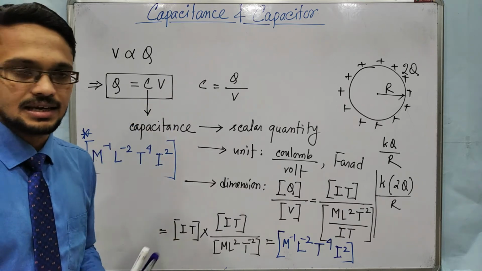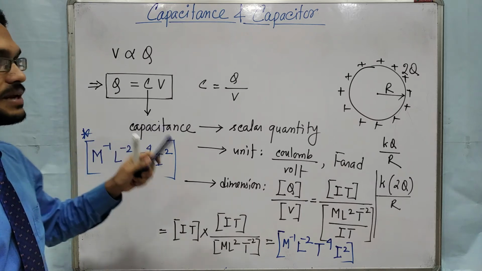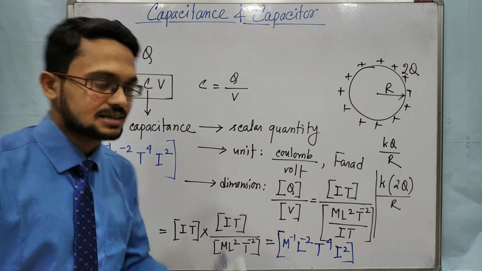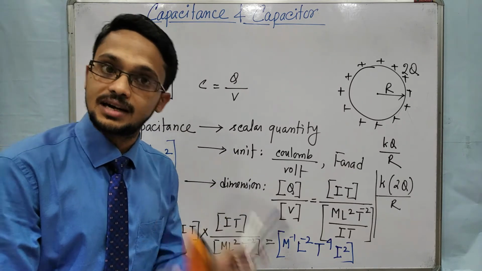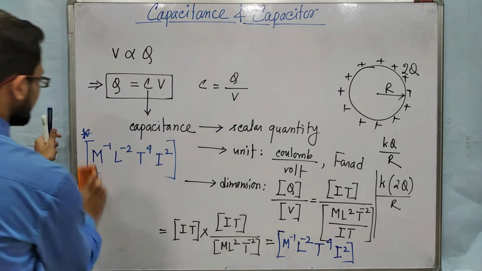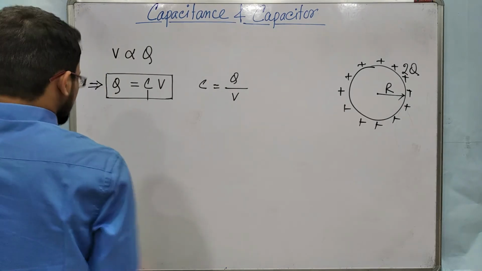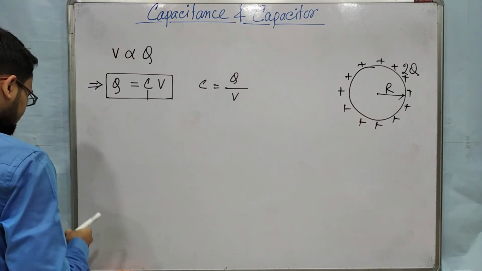So theoretically, if we can place an infinite amount of charge, then there will be an infinite amount of potential on that conductor.